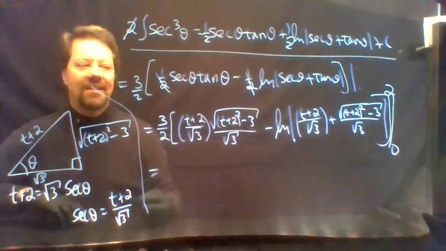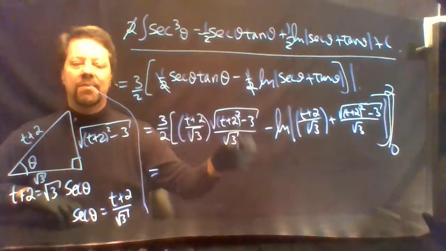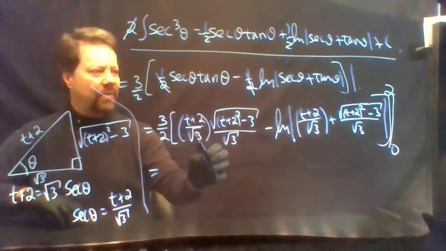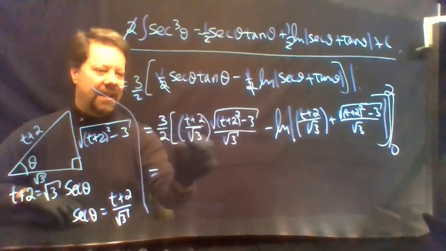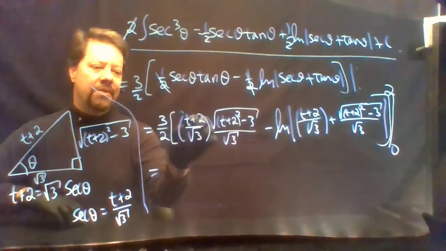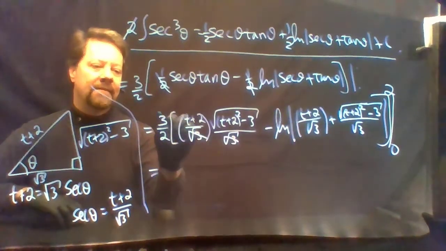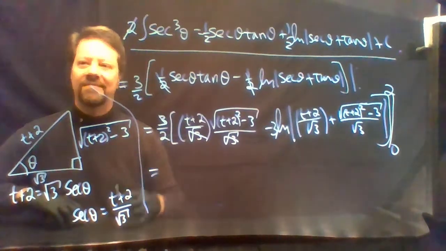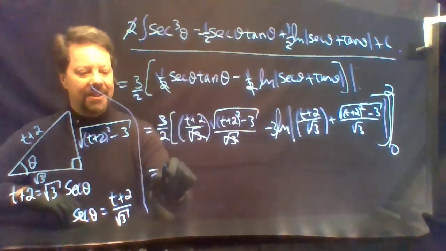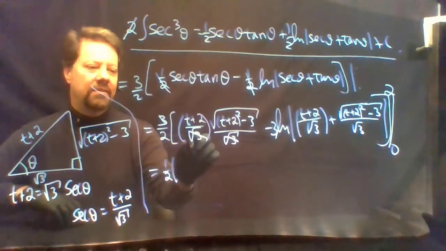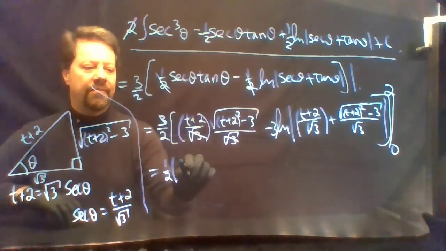So next we need to plug in 2 and then subtract what we get when we plug in 0. One thing to note, we have a root 3 times root 3. If we distribute the 3, we'll cancel that, but we'll get another 3 here. So we still have the 1/2, plugging in 2. 2 plus 2 is 4.